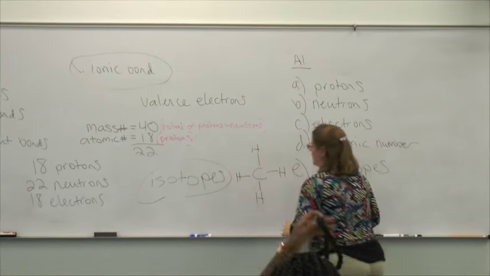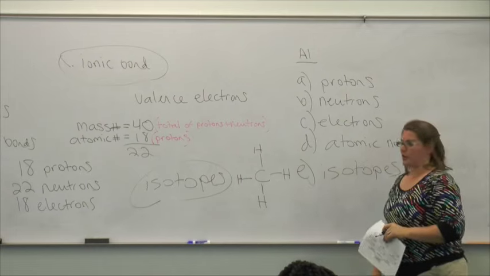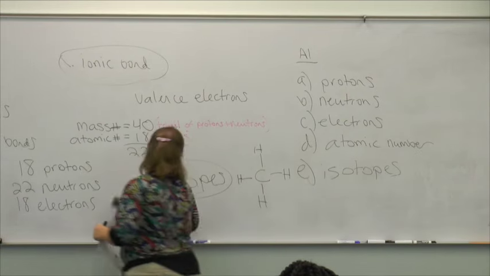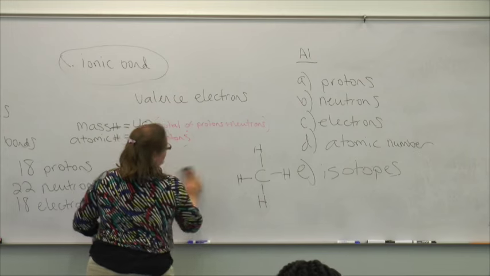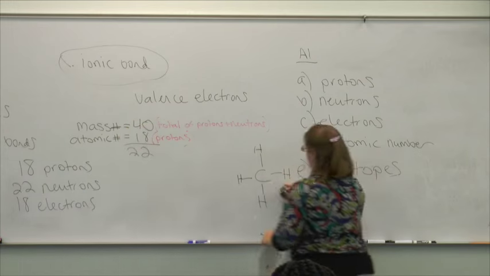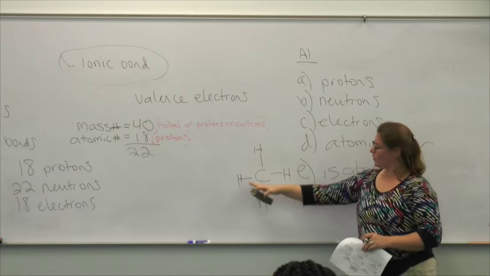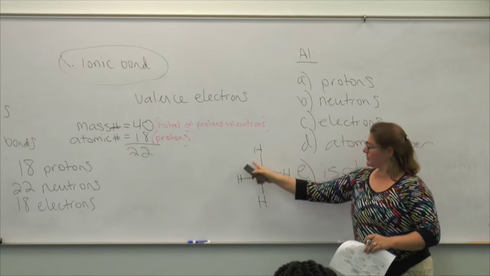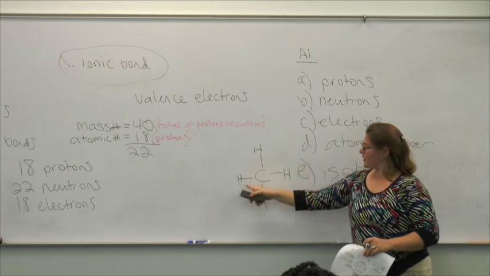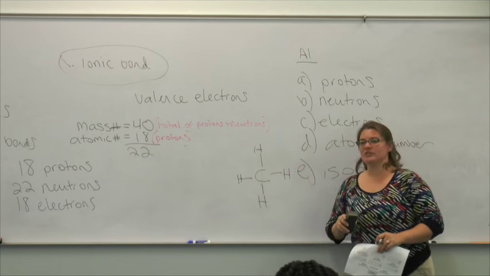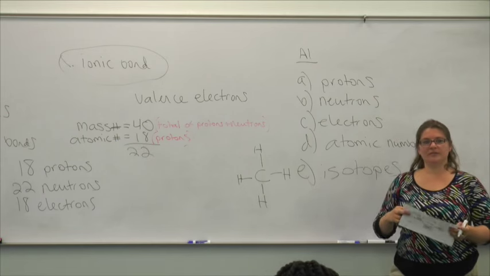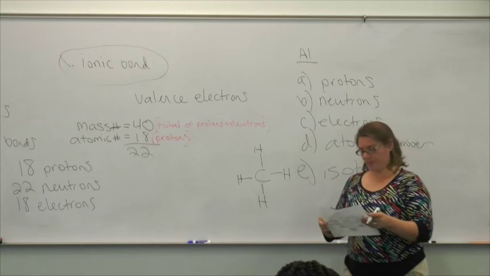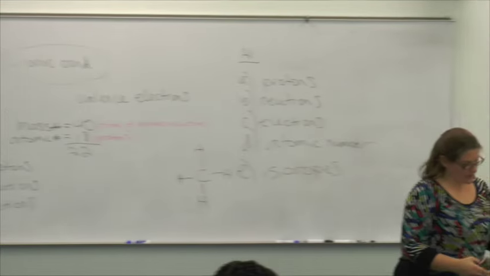That would be a nonpolar covalent bond. You've got an even distribution and sharing of the electrons all around the central atom, whereas polar covalent is a bit offsides. It's unequal. So that's that diagram.